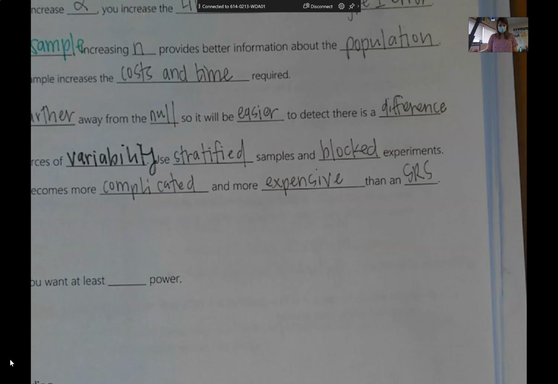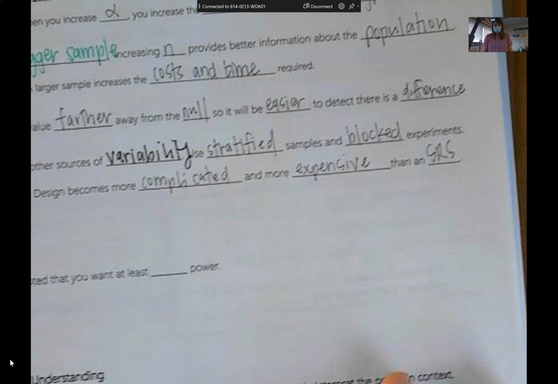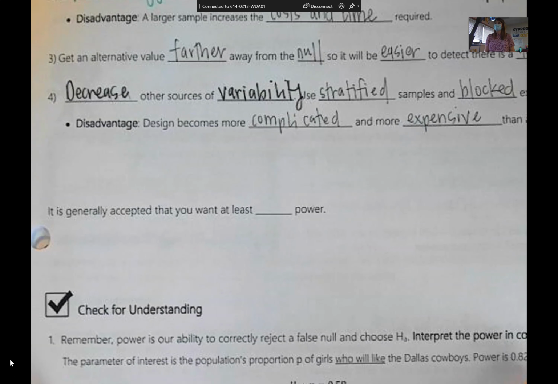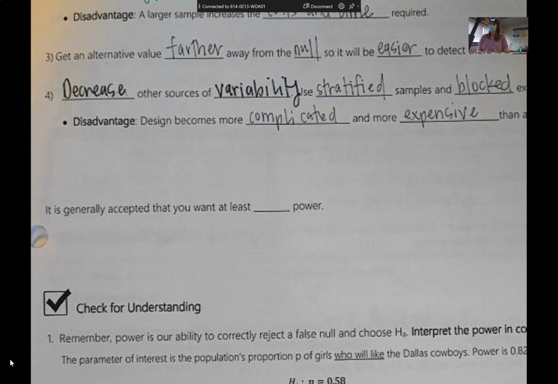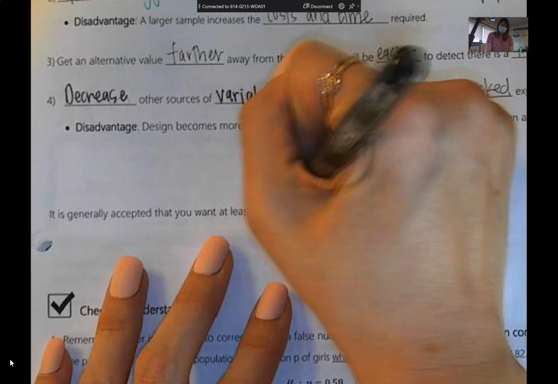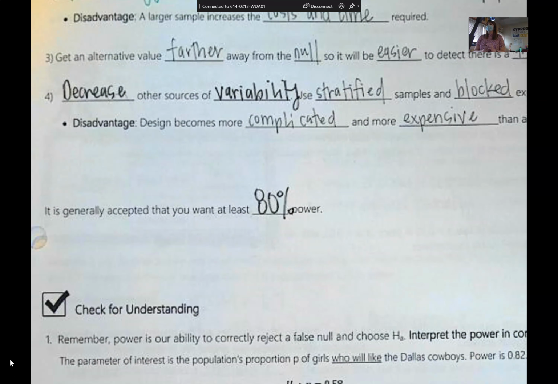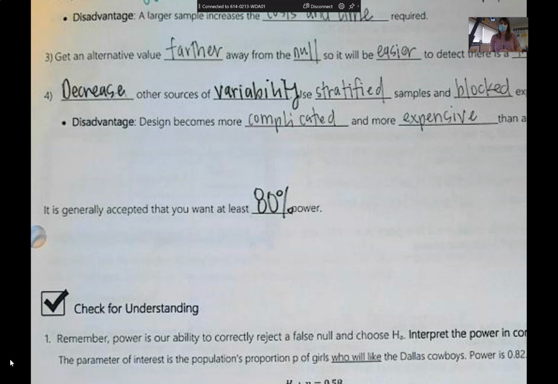Then our last statement is that it's generally accepted that you want to have at least 80% power.